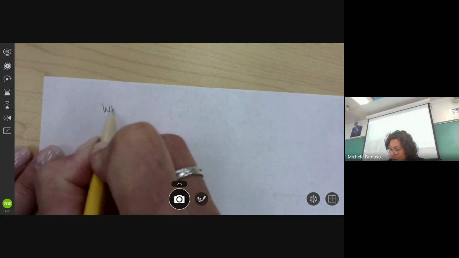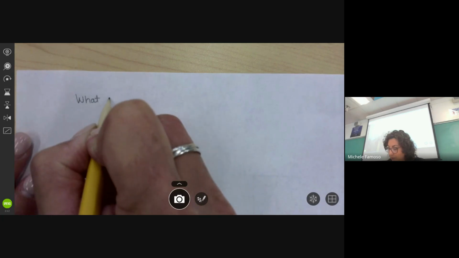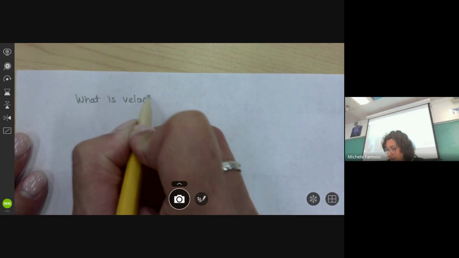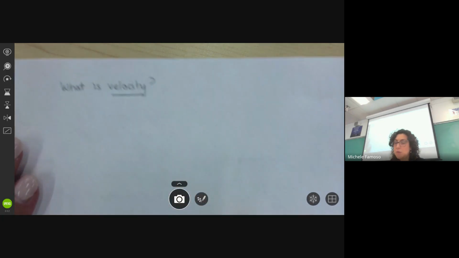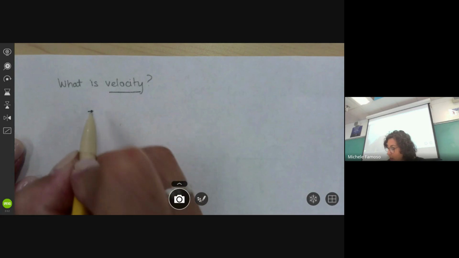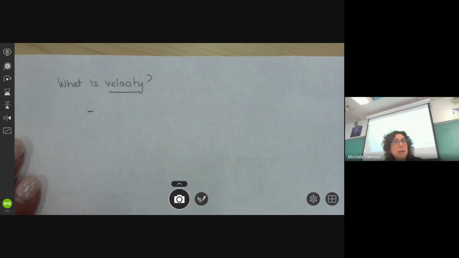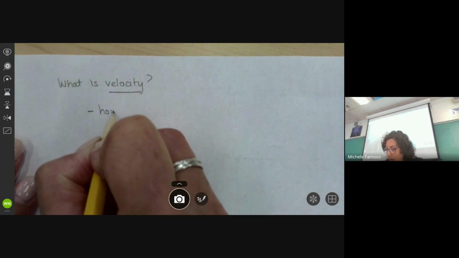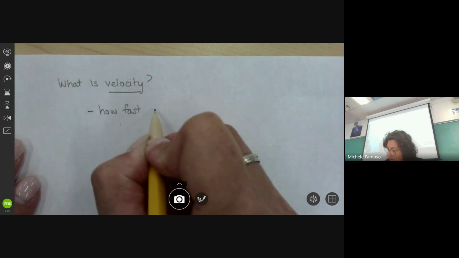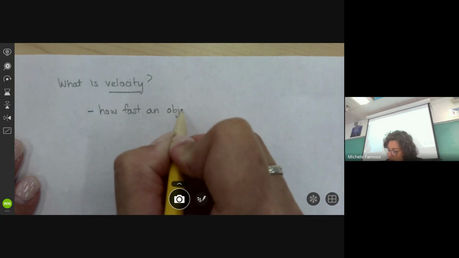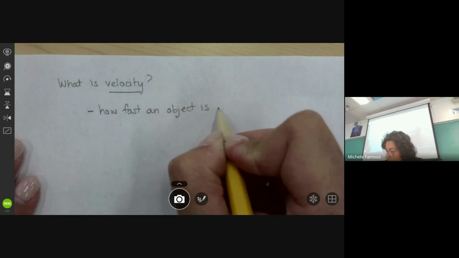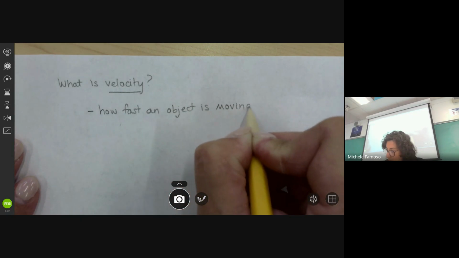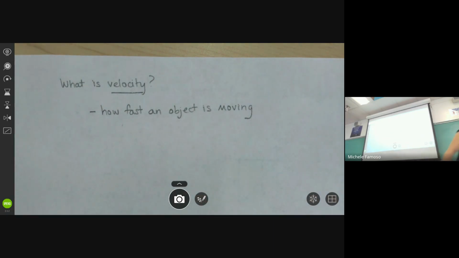And I want to reintroduce the term velocity. What is velocity? Right? Because we just talked about that in the lab a minute ago. So the first thing I would say to define this, we would be talking about how fast an object is moving. And when we talk about how fast something is moving, we're talking about its speed.